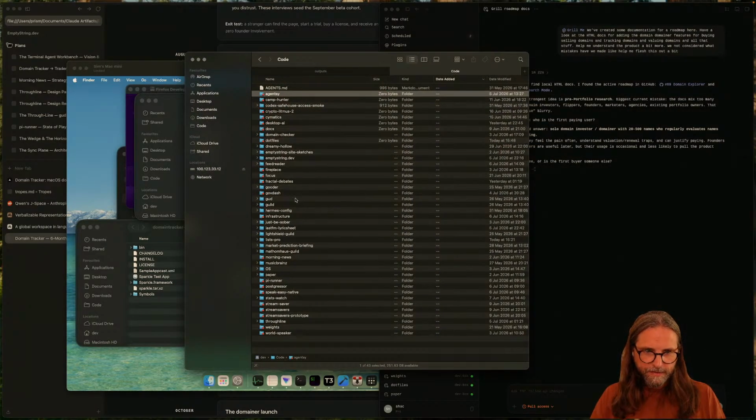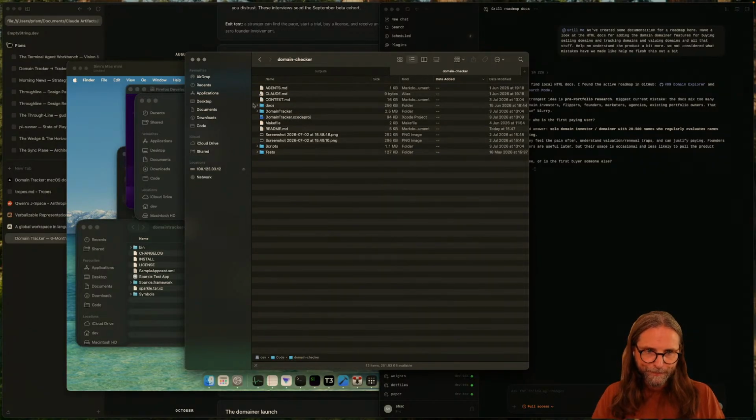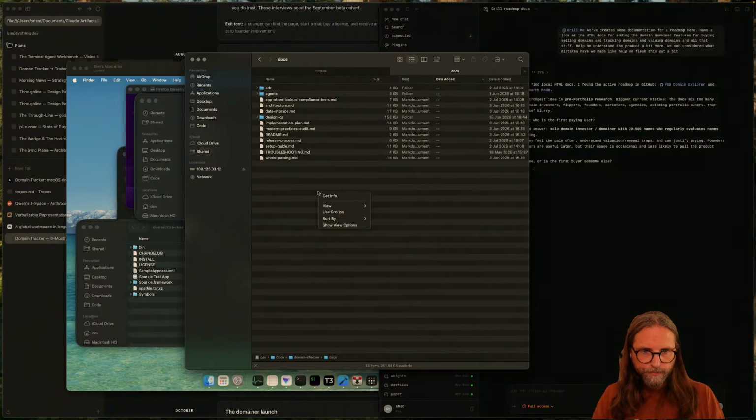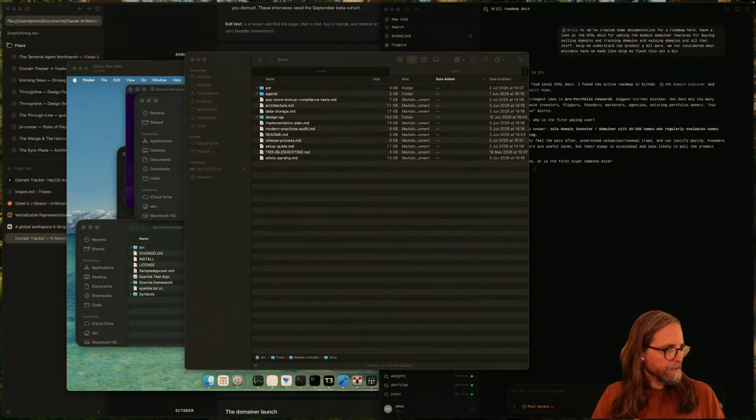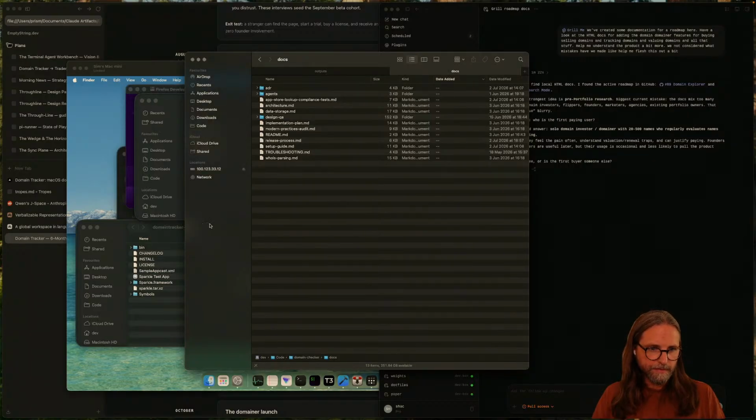Finally. Now they're in this folder over here. That one and that one. They don't have write access. Brilliant.